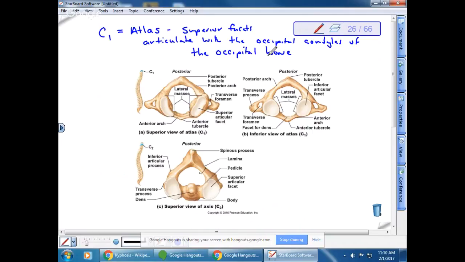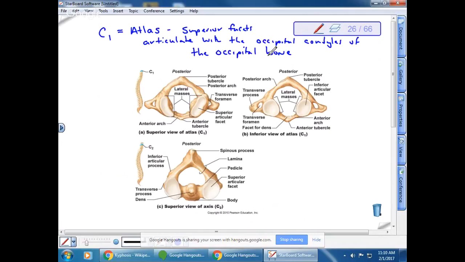And the occipital condyles are near the foramen magnum, right? So that is where the spinal cord comes up, or you could think of it going down, right? It goes from the brain, connects to the brain, okay? So this is the atlas.